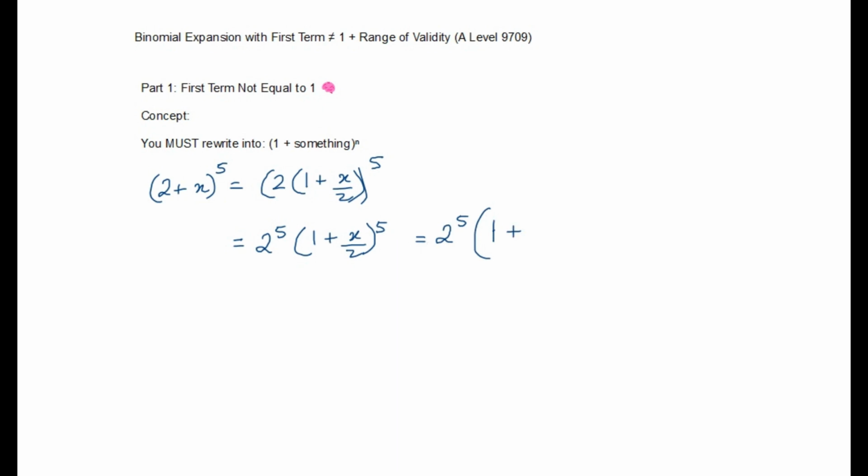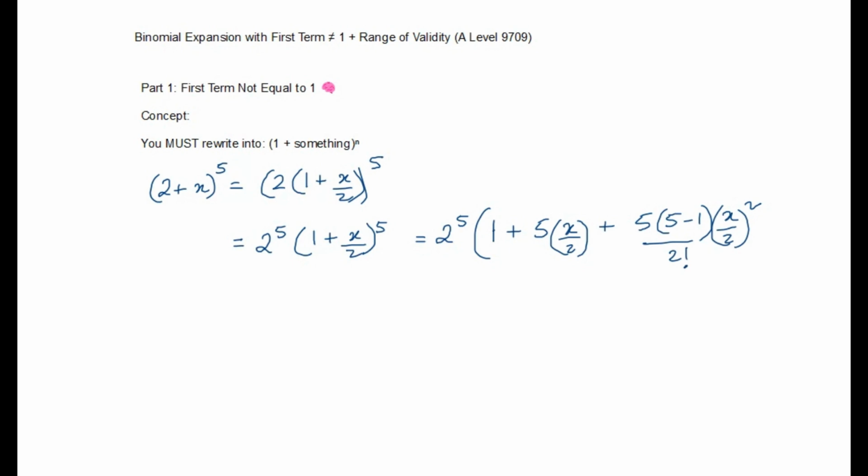So n here is 5 and the second term is multiplied into 5, plus 5 into 5 minus 1, x by 2 the whole squared, by 2 factorial.